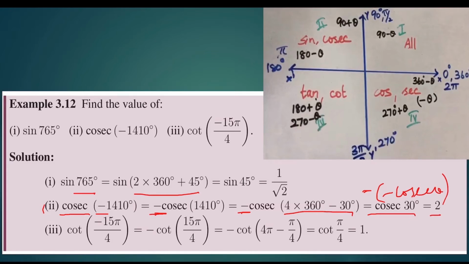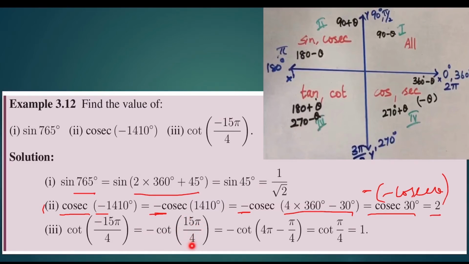Third one, cot minus 15 pi by 4, that is equal to cot of minus. So, minus will come out. Cot is an odd function. So, only cos and secant are even functions. Cot is an odd function. So, it is minus cot 15 pi by 4.